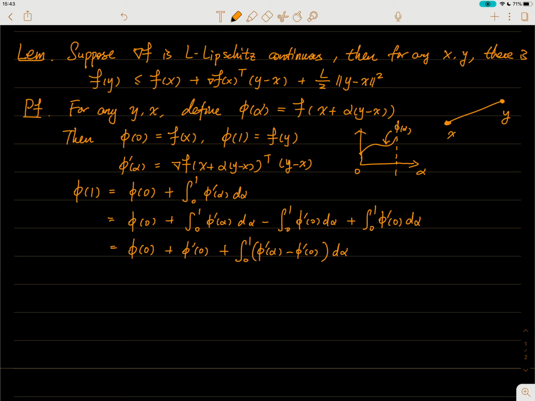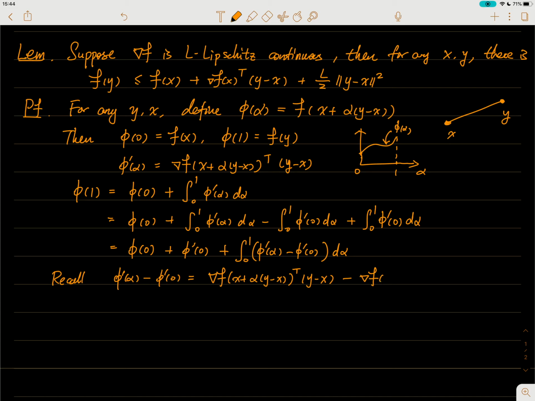Okay, recall that this phi prime of alpha minus phi prime of 0 is equal to, remember that this is phi of alpha, and phi of 0 is just the same thing except the alpha is set to 0, right? So let's just copy things here. So that's my phi prime of alpha.